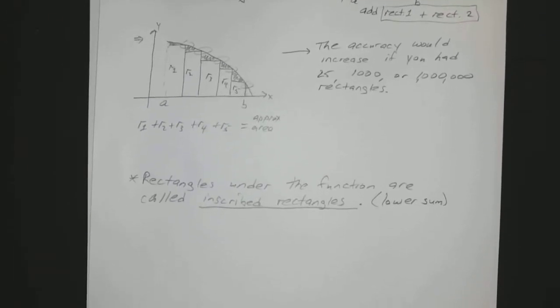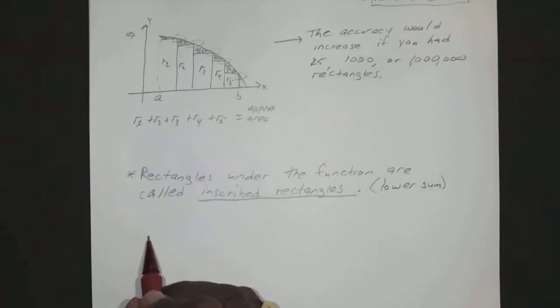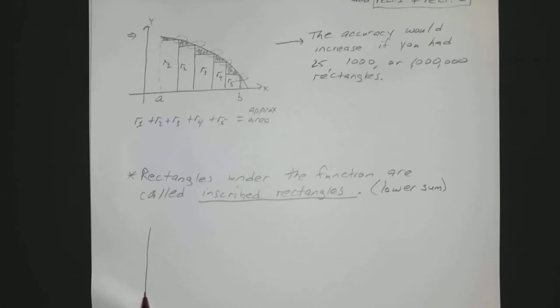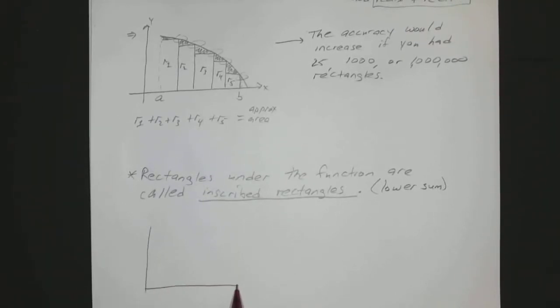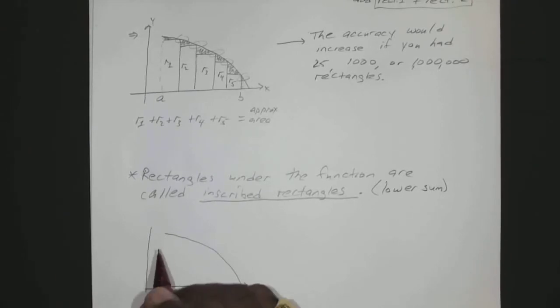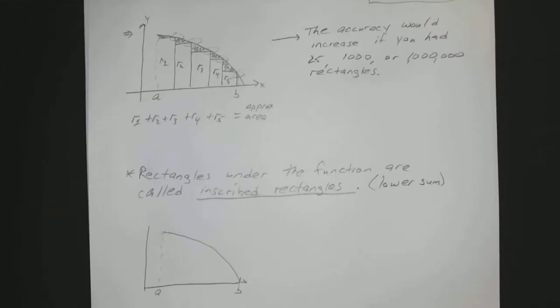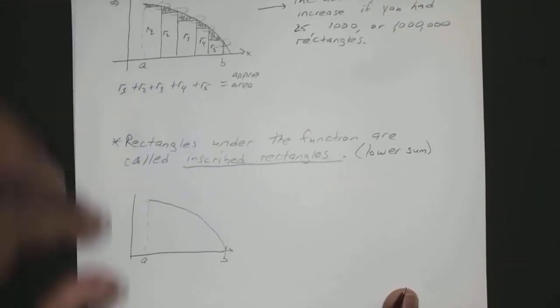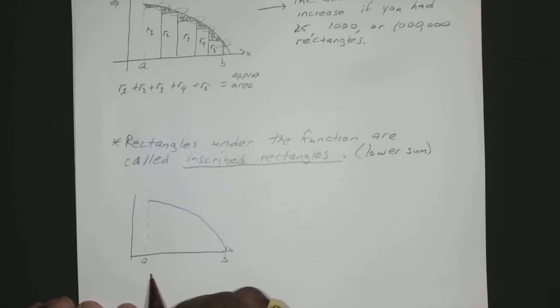Okay. So for your inscribed rectangles, so if we start off with the one we had there, and again going from A to B, move this up just a hair, we see that our function is decreasing.